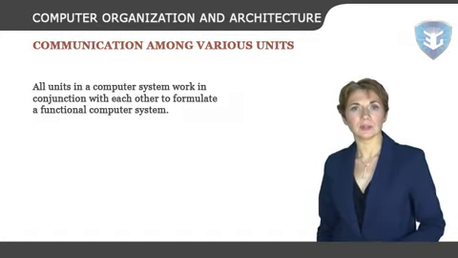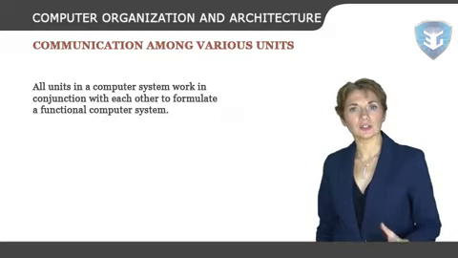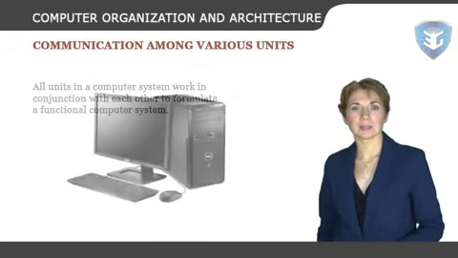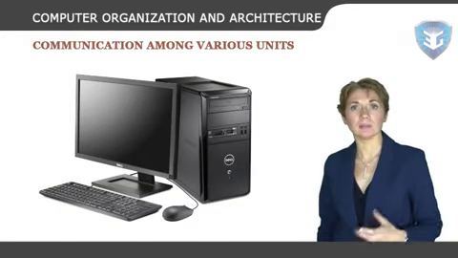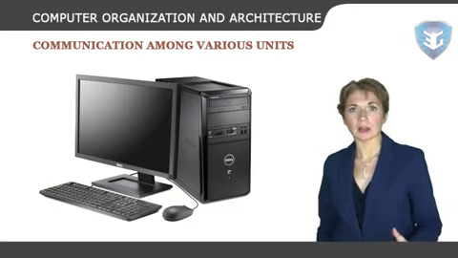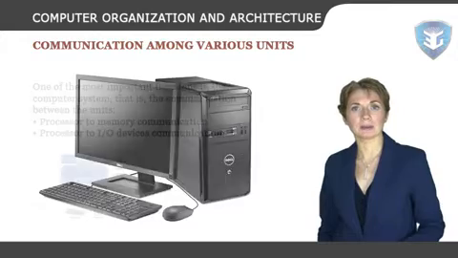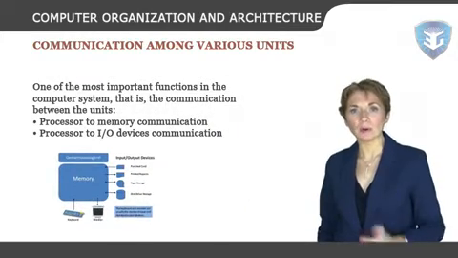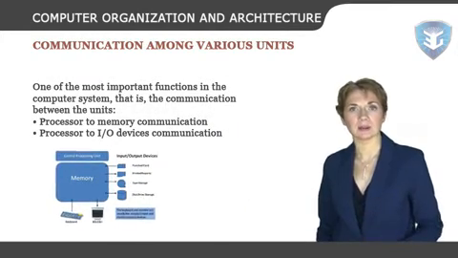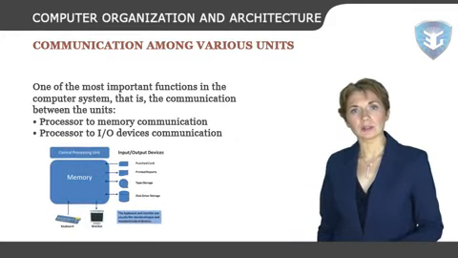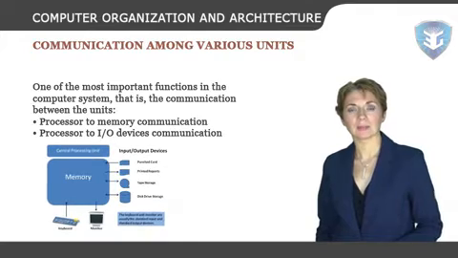All units in a computer system work in conjunction with each other to formulate a functional computer system. To have proper coordination among these units, for example, processor, memory, and I/O devices, a reliable and robust means of communication is required. One of the most important functions in the computer system is the communication between the units. Processor to memory communication.